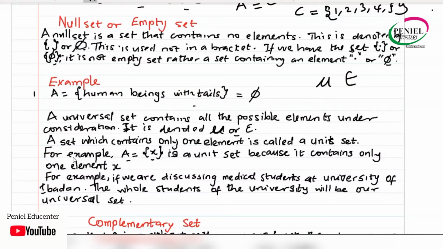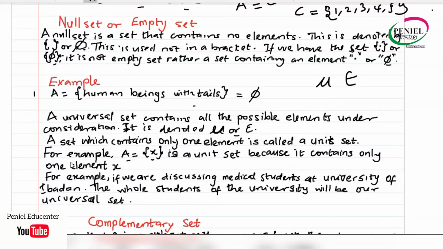All right, so if we are discussing medical students at the University of Ibadan, for example, the whole students of the University of Ibadan can be our universal set, right?